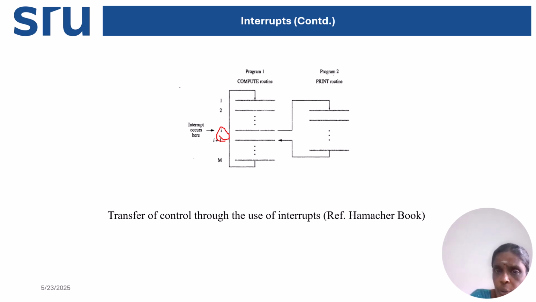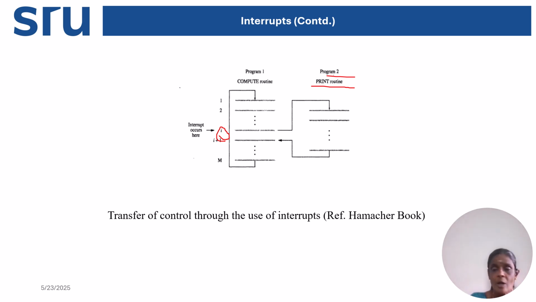So it goes to the printer program, the print routine. The print routine, how to print, will be given in terms of a sequence of operations, and after completing the interrupt, it comes back to the main program. It is almost equivalent to a subroutine.